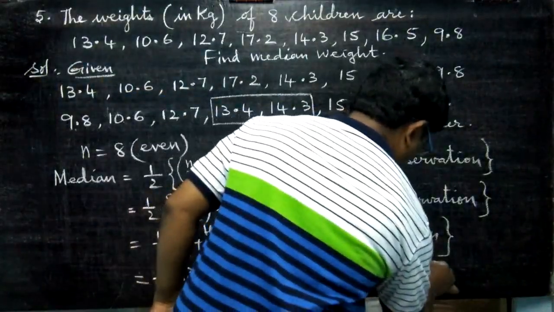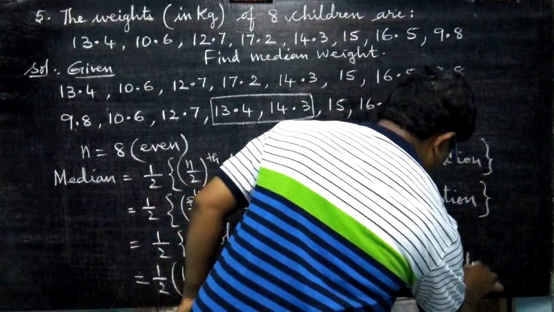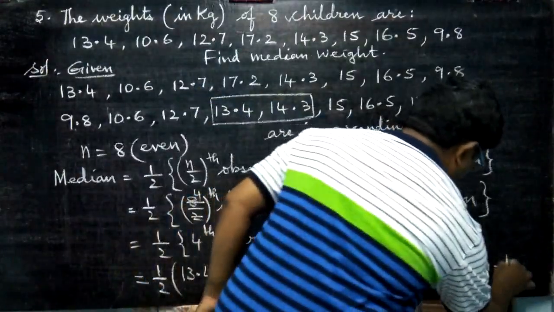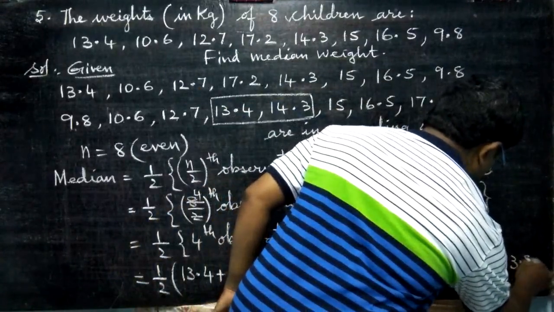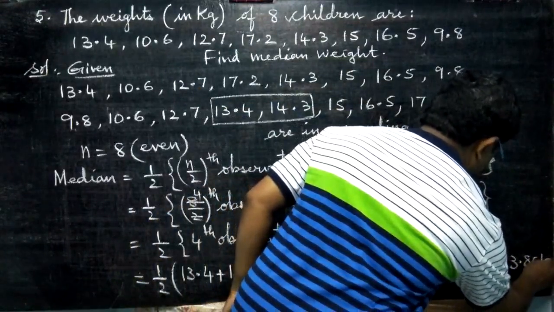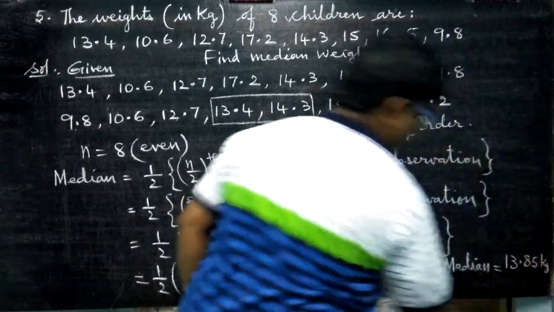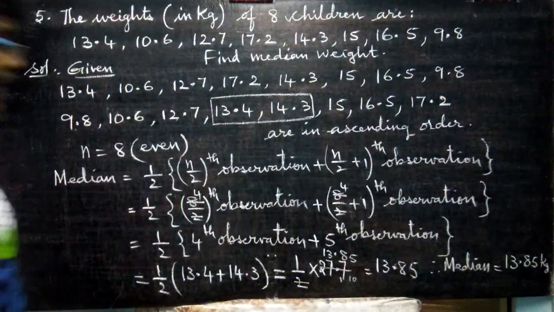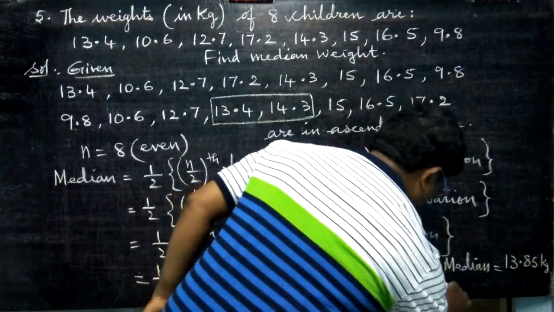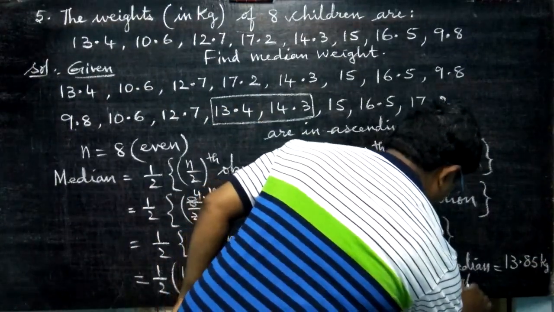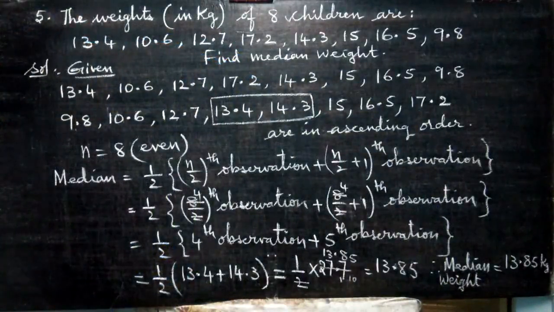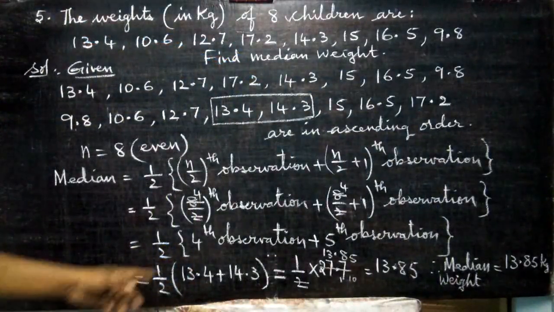Therefore, the median weight is equal to 13.85 kgs. What did they tell us to find? Median weight. Before it was median height, now median weight. This is the way of solving.